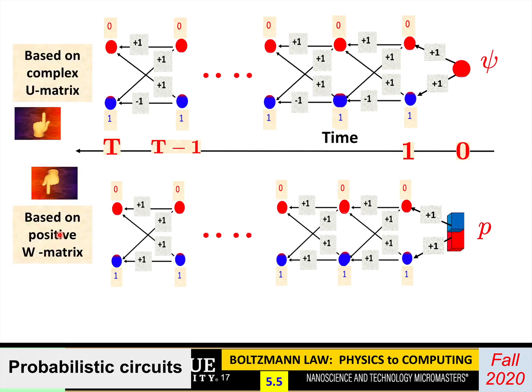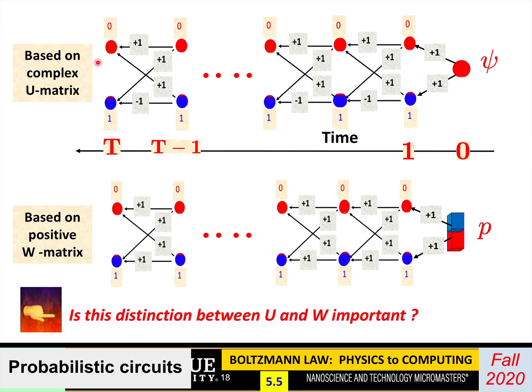But the difference is that when you draw the paths for a classical circuit, like we did at the end of week 3, the amplitudes are determined by this positive matrix, the classical transition matrix. Whereas now, in the quantum case, it's based on this complex U matrix that we have been talking about, where each amplitude is a complex number.